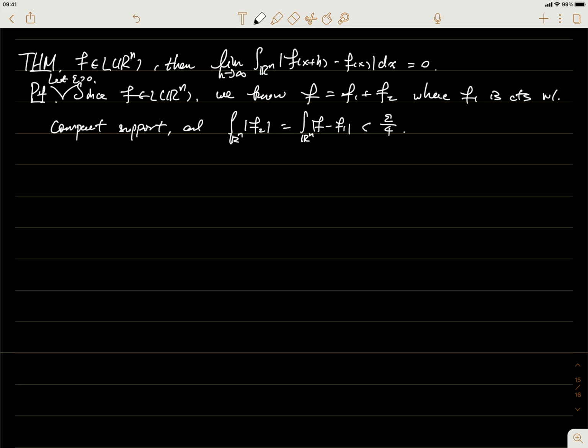Then I can show that f2 has an integral over the entire Rn less than epsilon over 4. Next, since f1 is continuous with compact support, we know that f1 is uniformly continuous. Let k be the support of f1.